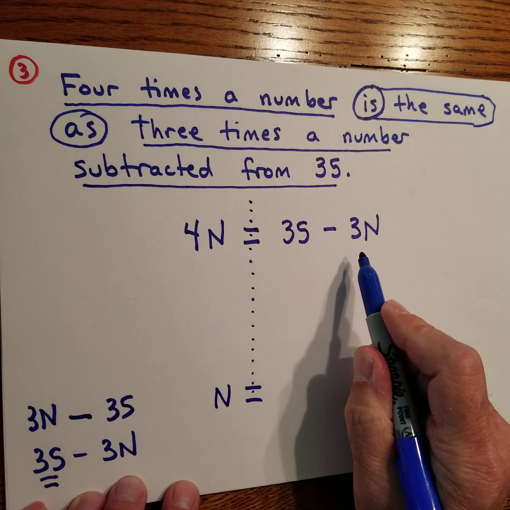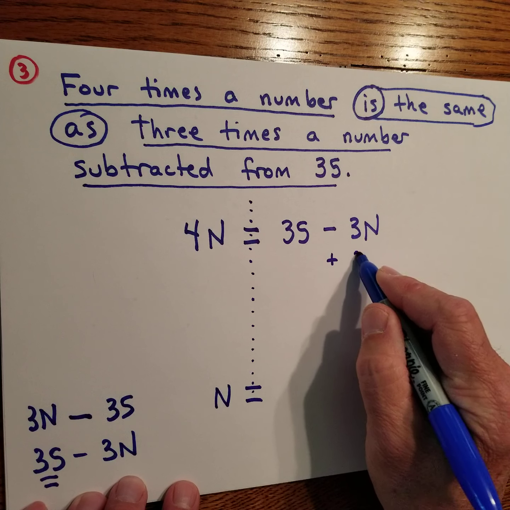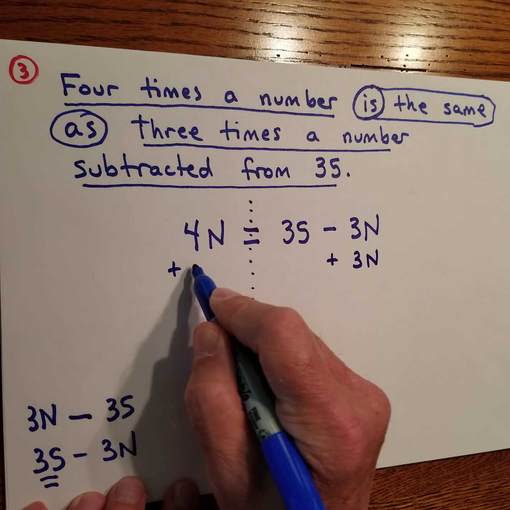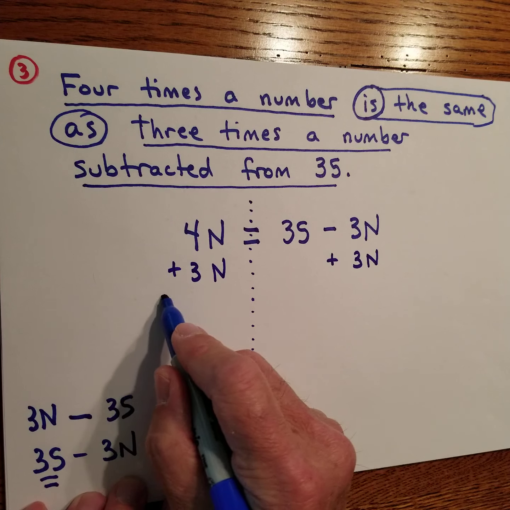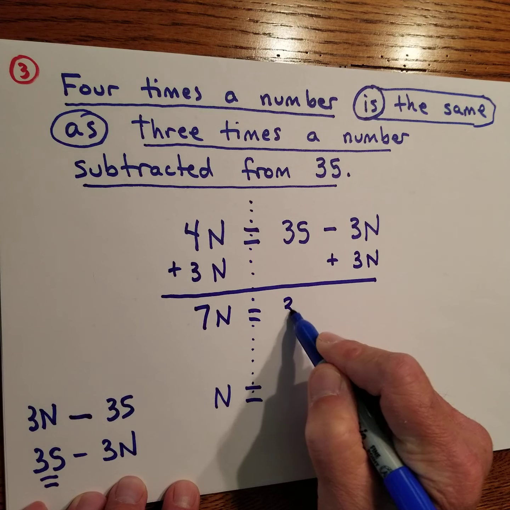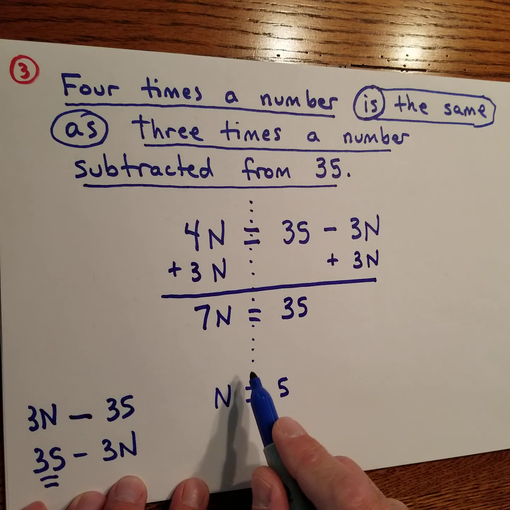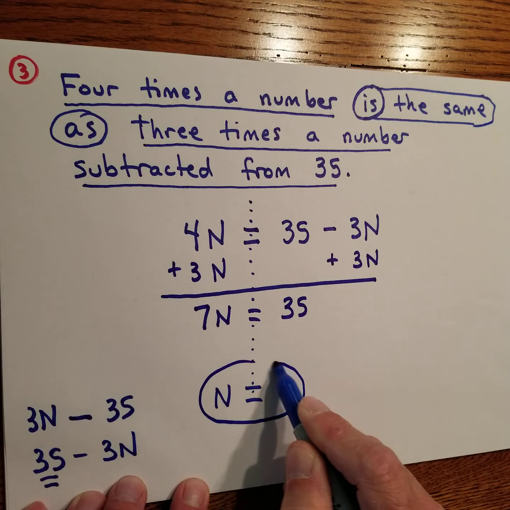Right now I've got variables on both sides. Let's get rid of this minus 3n by adding 3n to both sides. And 35 divided by 7, that's 5. Got it.